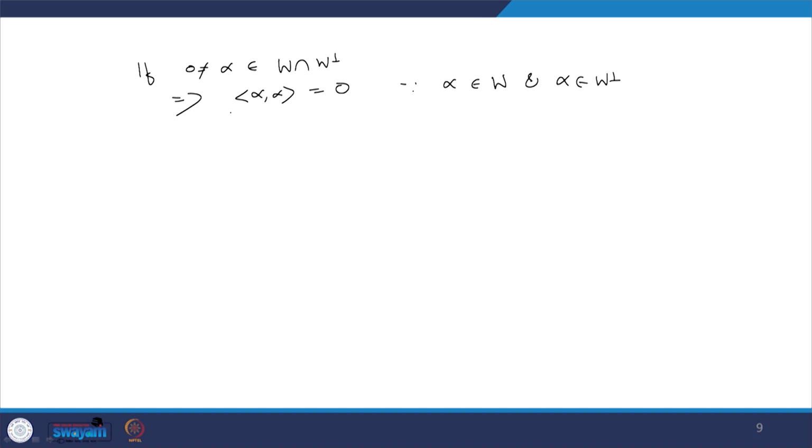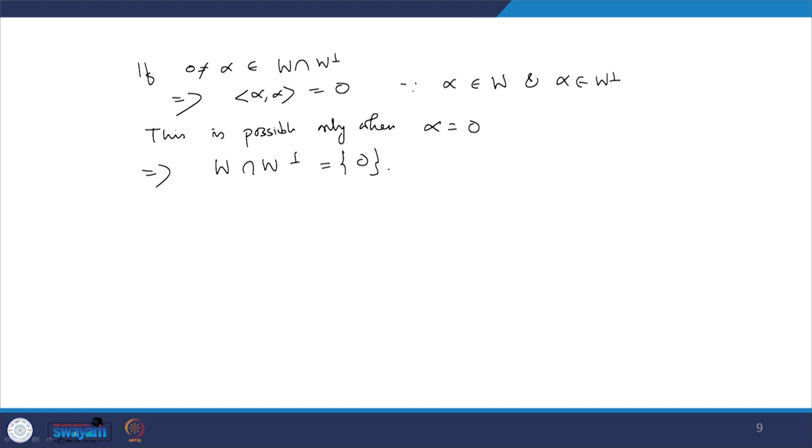So, inner product of alpha and alpha equal to 0. This is possible only when alpha equal to 0. So, this implies that W intersection W complement equal to 0 subspace.